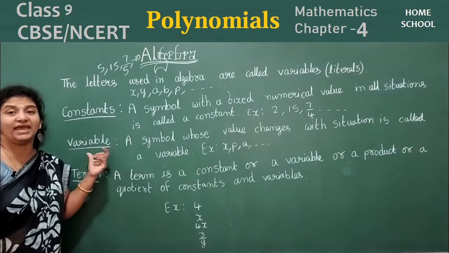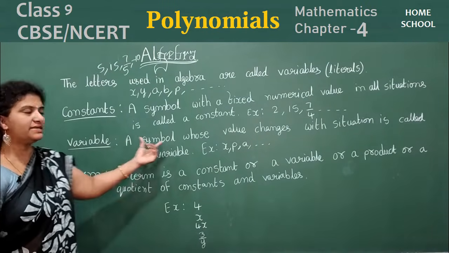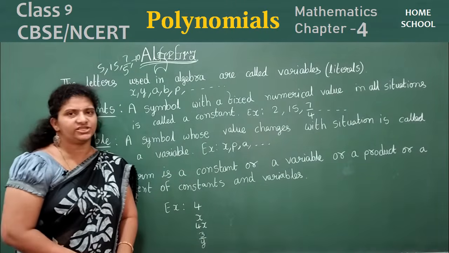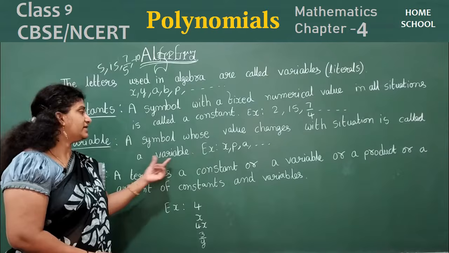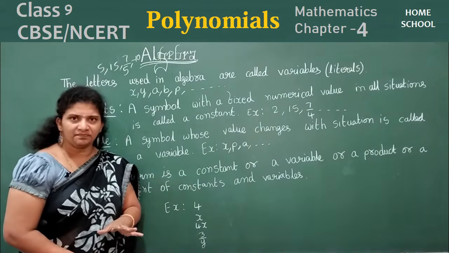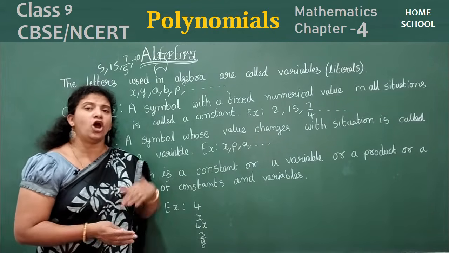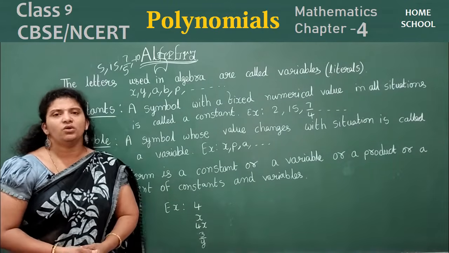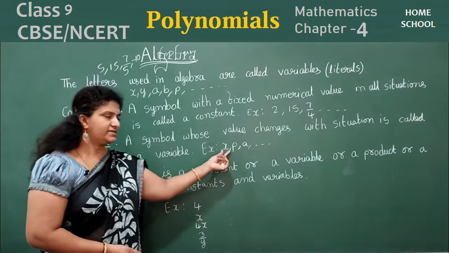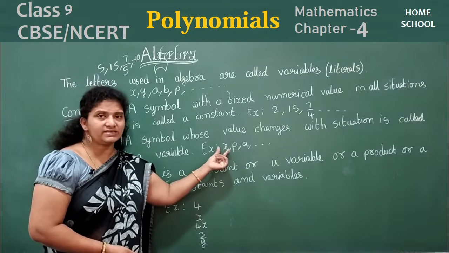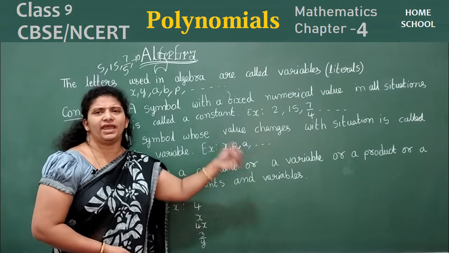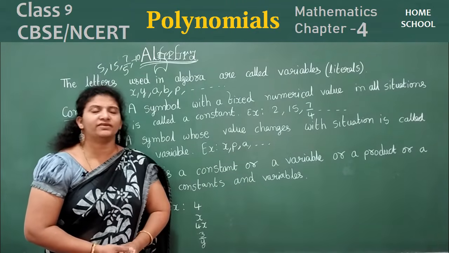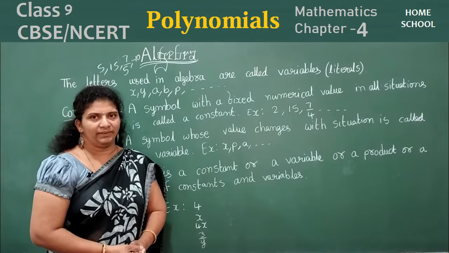Coming to your variable, a symbol whose value changes with situation. See, this value is not fixed. It will be changing according to the situation, and is called a variable. So, for example, x, p, q, a, l, m, n, any alphabetical letter we use as a variable.